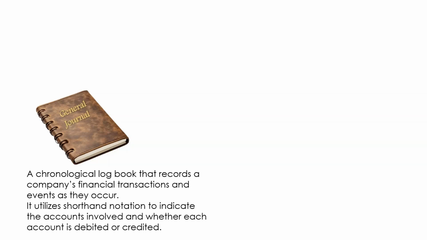Each entry includes a shorthand notation indicating which accounts are involved and whether they are being debited or credited. Think of the journal as the starting point of the accounting process, where everything begins in the exact order it happens. The General Journal resembles a notebook filled with detailed transaction entries line after line, page after page. However, that is just the first step.